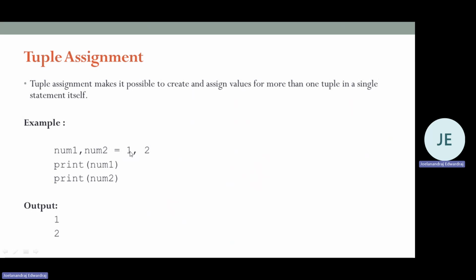This we call tuple assignment. Automatically 1 will be assigned to num1 and 2 will be assigned to num2. So num1 comma num2 is equal to 1 comma 2. Got it? Tuple assignment allows assignment of more than one value.